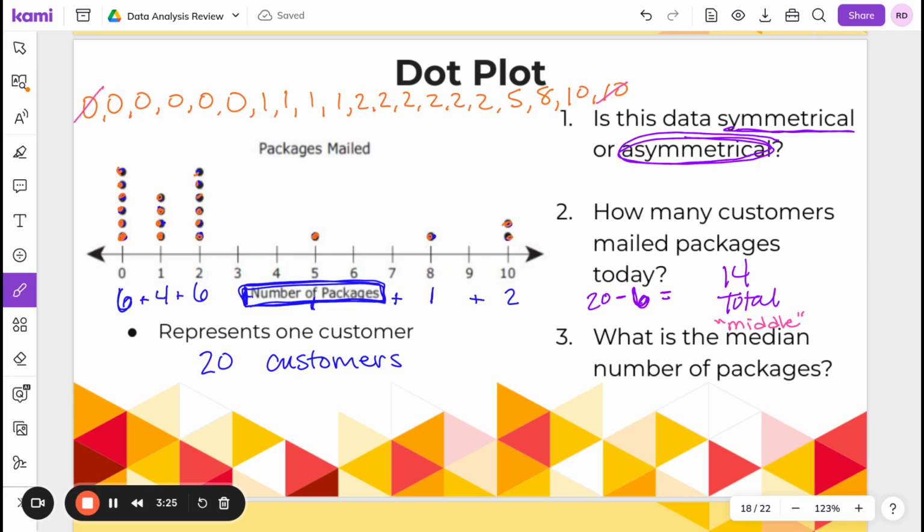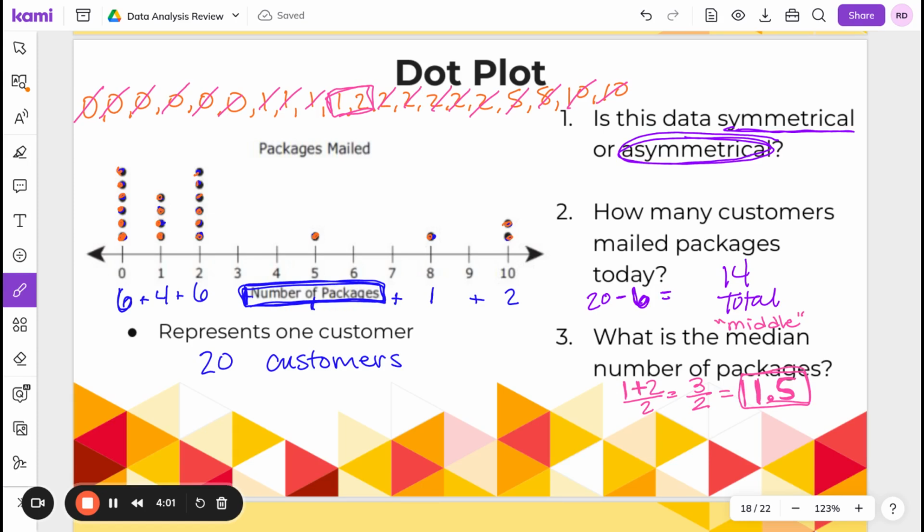So take out a big and a small, big, small, and so on. Okay, because we have an even number of customers, that means there's 2 numbers in the middle. When there's 2 numbers in the middle, we're going to add them up and divide by 2. So 3 divided by 2 is 1.5. The middle value of packages is 1.5.